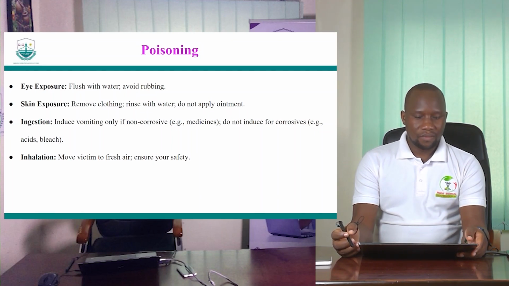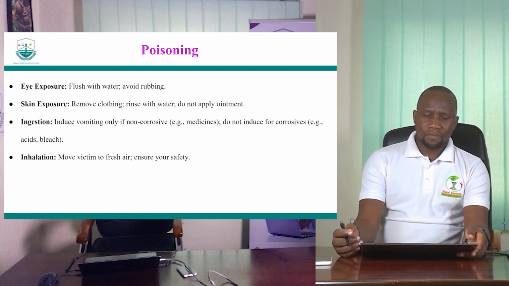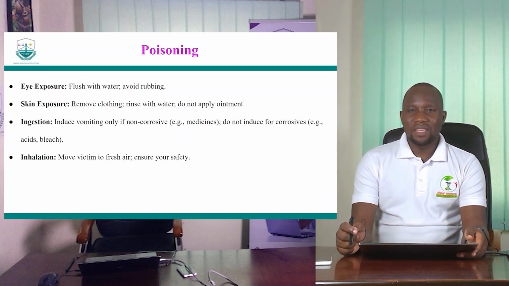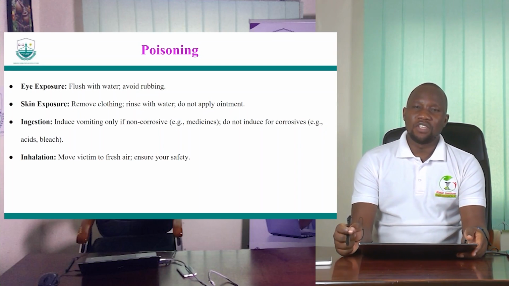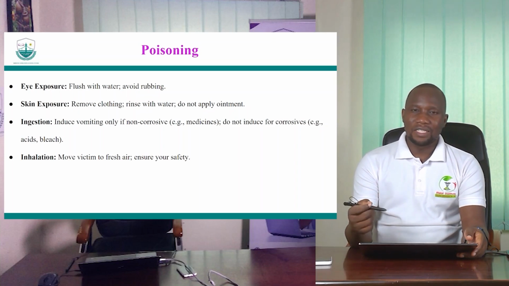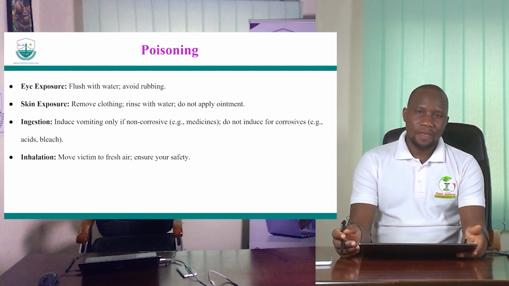Ingestion, that means those that you have taken through the mouth. You can only induce vomiting, that is, you can only make the person vomit, if you are very sure that the poison is not a corrosive poison. Corrosive is when the poison damages the cells that it gets into contact with.